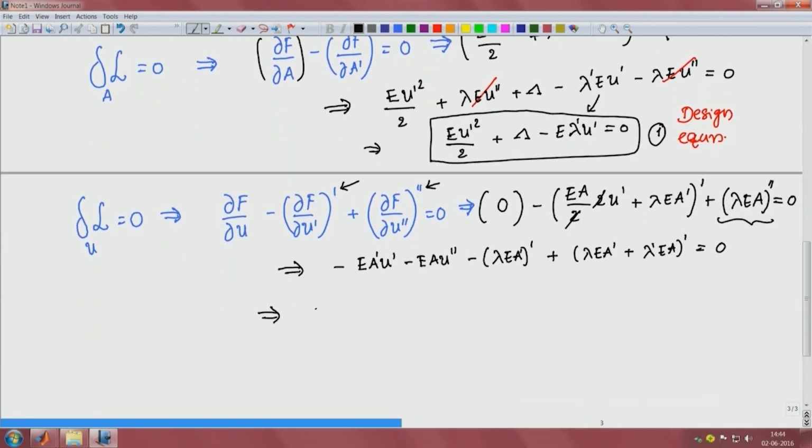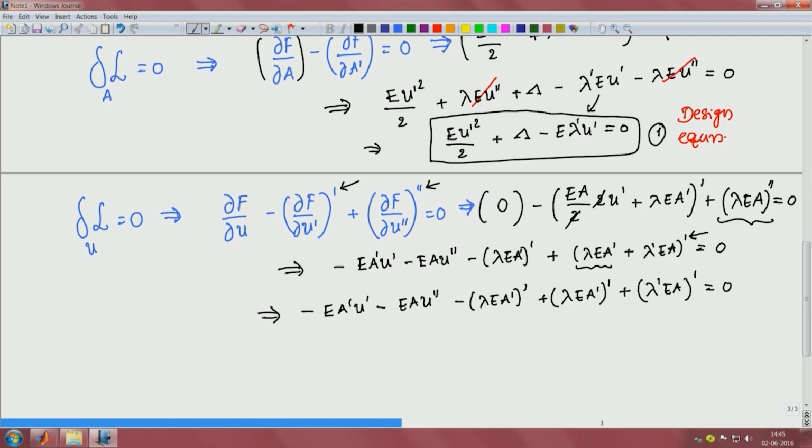So, E A prime u prime minus E A u double prime minus lambda E A prime prime, that I did not want to expand because this term here is basically lambda E A prime, and prime because we have the prime there, and this one I will leave as it is, that is lambda prime E A prime.